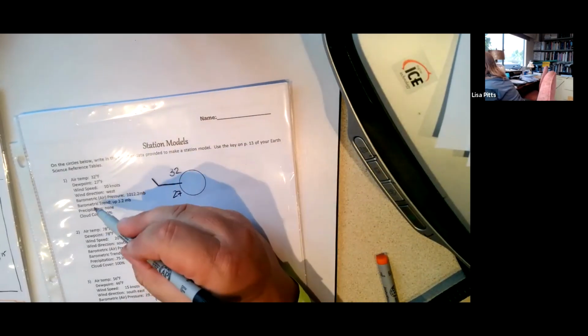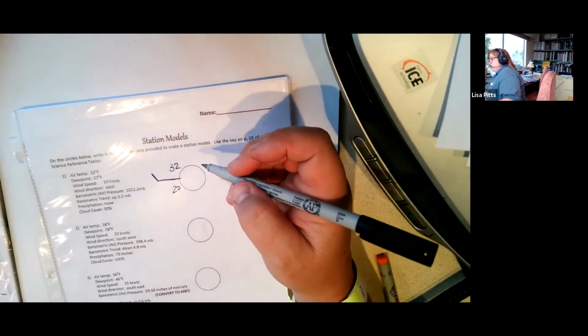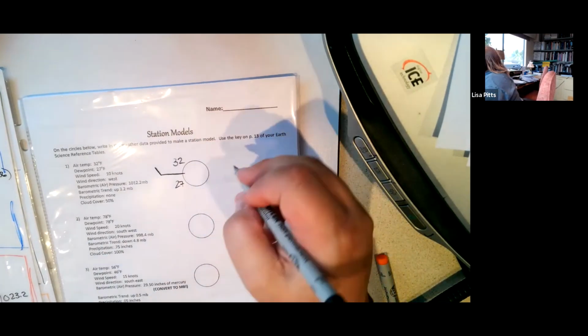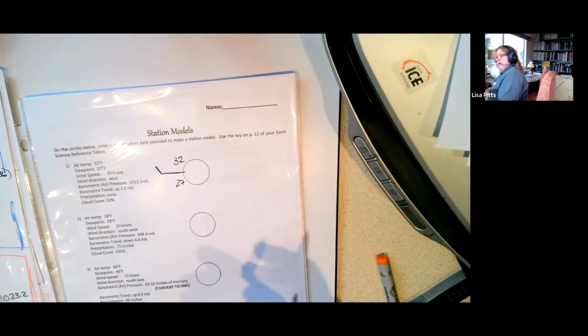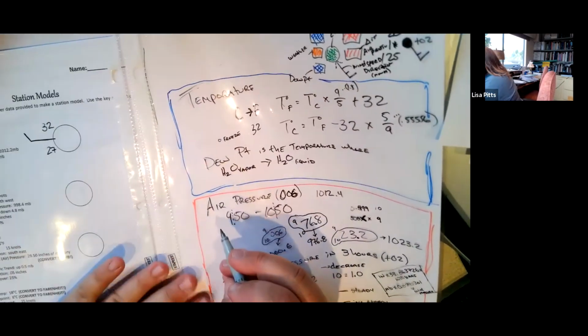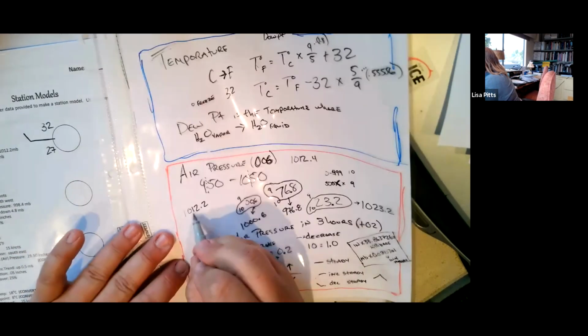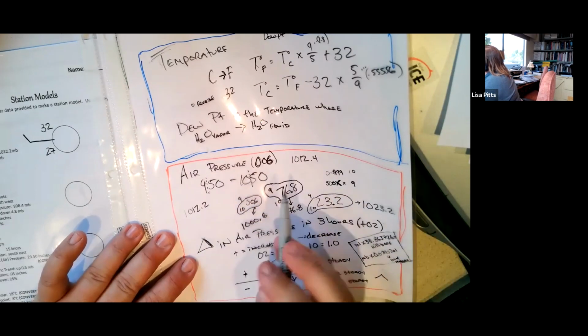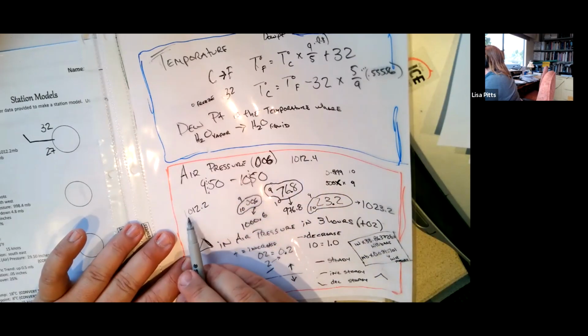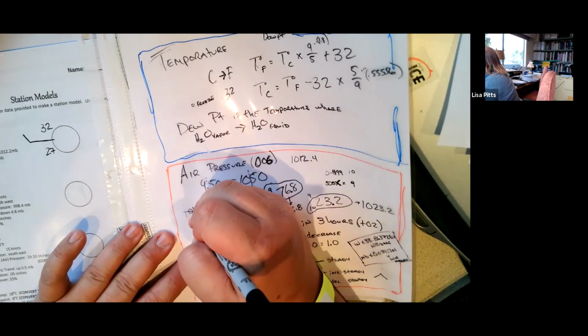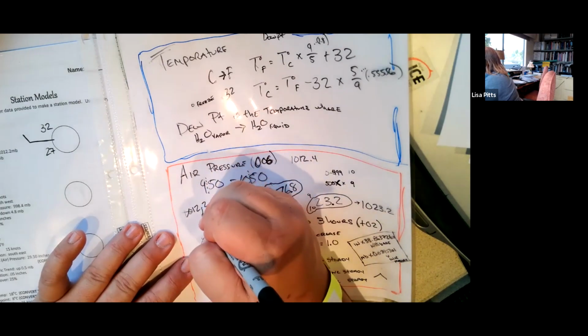All right, barometric pressure. Again, this is the hard one. We haven't gone the other direction, so let's do it together. I'm going to put it in my notes because then I'll have this when I take my test. So I forgot to talk about how to take it back the other direction. Let's give you the one that's on the paper, 1012.2. So if we're putting in the decimal and taking off the 9 or 10, we're going to do the same thing. We're going to drop the 9 or the 10 at the front, and take out the decimal point, right?